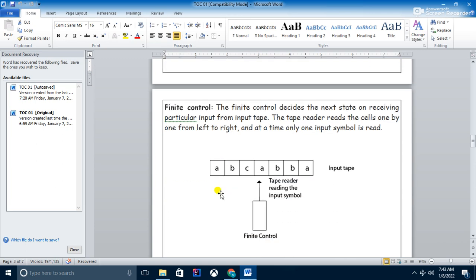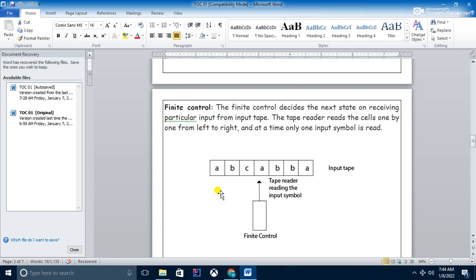So in this diagram, we can understand the functionality of the finite automata in this way: it has the input in the form of an input tape, and that input tape is divided into different cells.